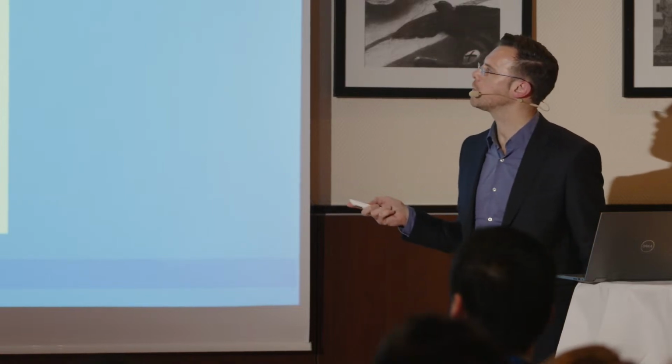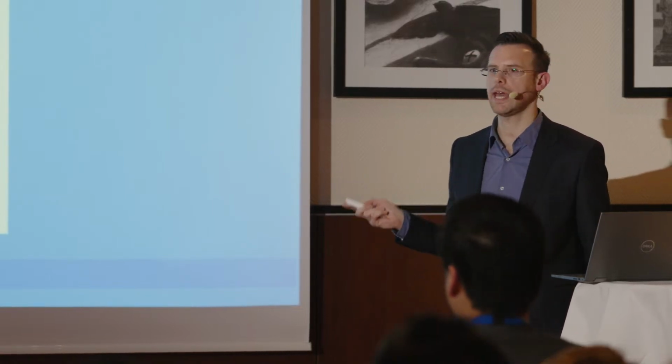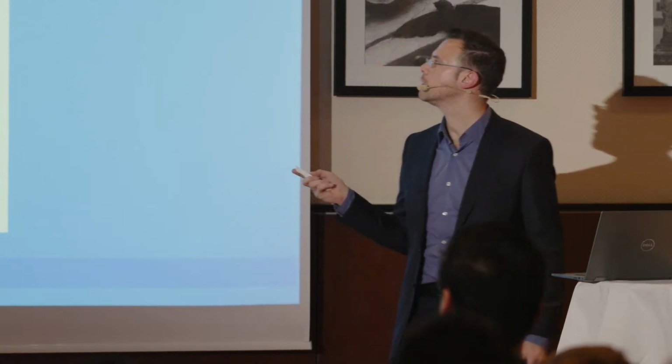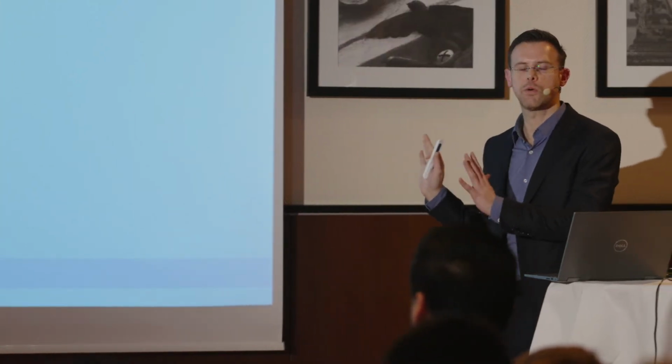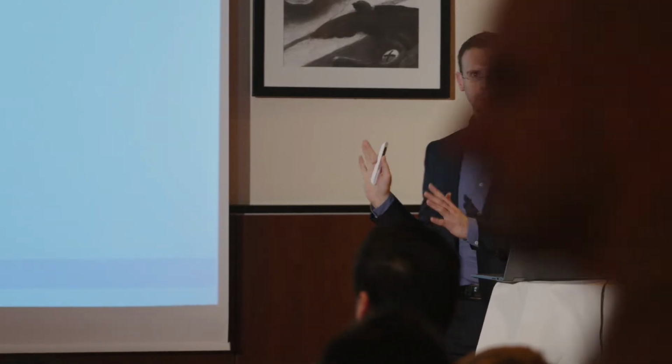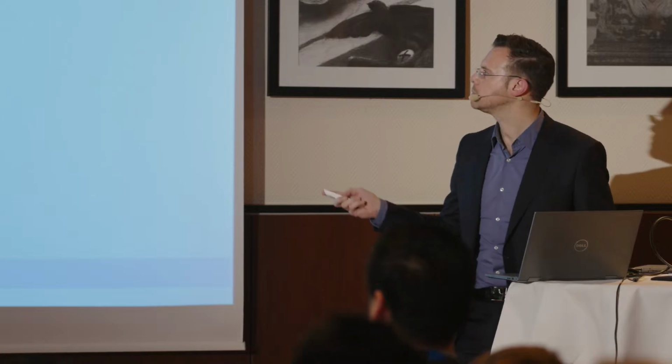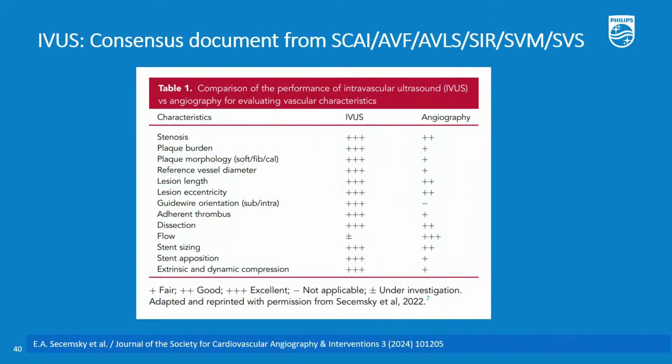But if we think about the sort of information that we can get from IVUS that we can't get from angiography, I think that's really quite an important comparison. And I'm not sure if you guys have ever thought about this before. So certainly when it comes to things like plaque morphology, I would argue that aside from calcium and the fact that there is a filling defect, CT won't give you that information either.